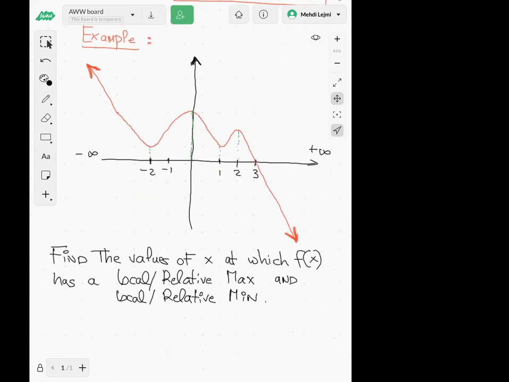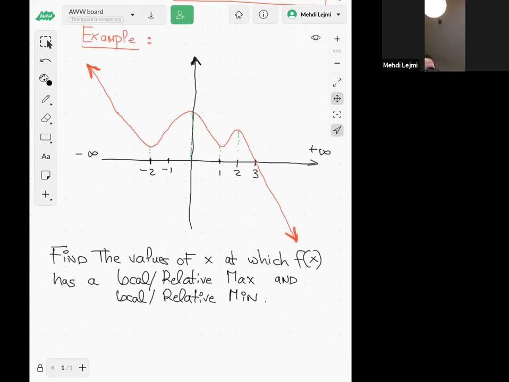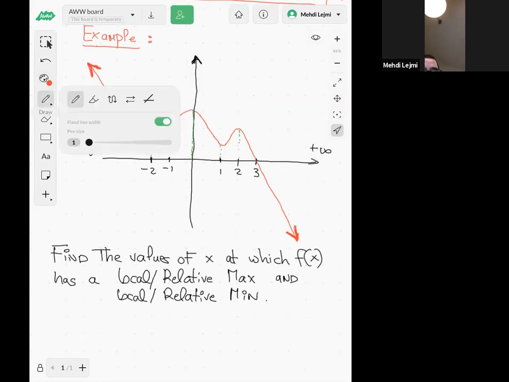So in this case, let's start from the left. We are here on the left. Well, this arrow here, guys, means that the graph goes all the way up. It doesn't stop.